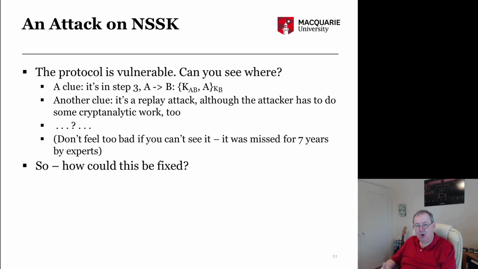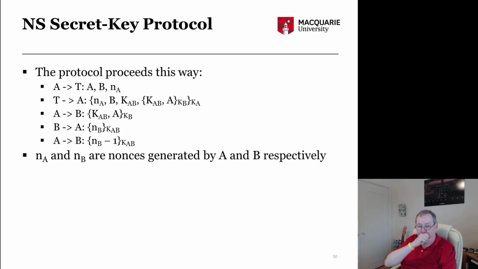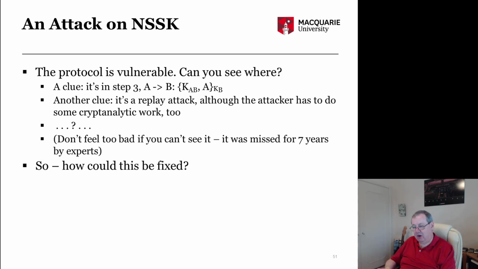Bob has no way of knowing this is an old message. It's a replay attack. And so he'll quite happily extract KAB, and send back to Alice a nonce encrypted with KAB. Alice will pick up that message, extract the nonce using KAB, and carry on.